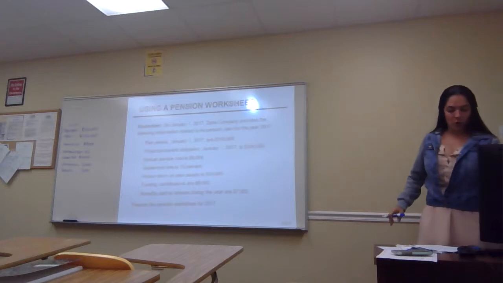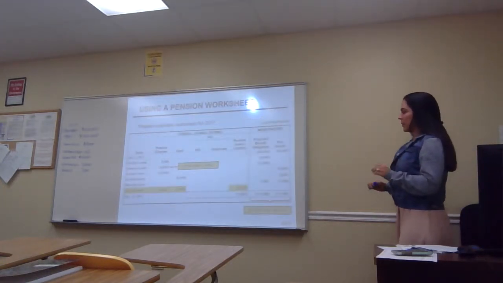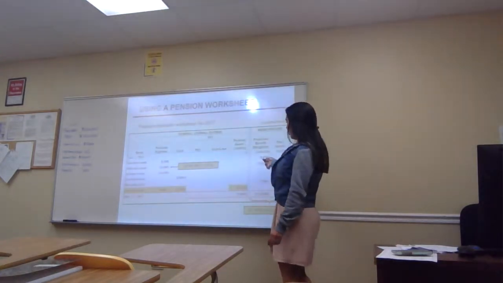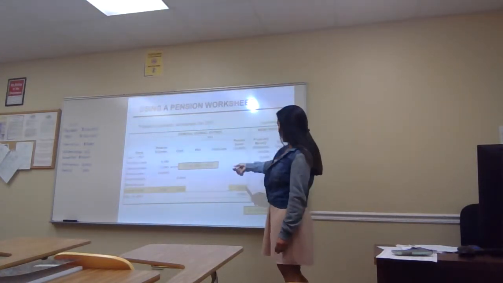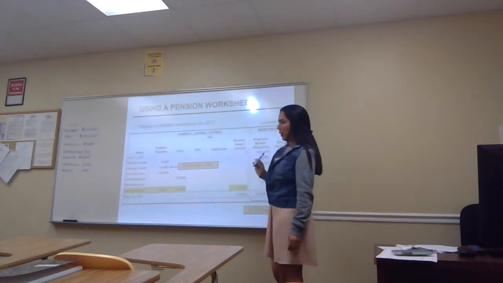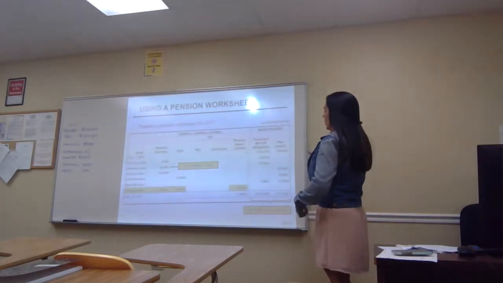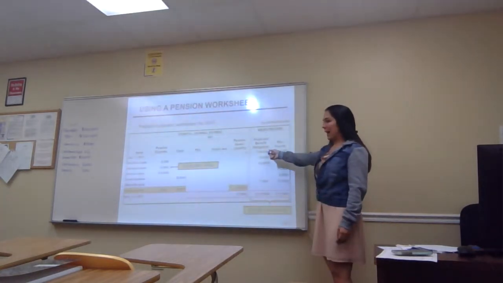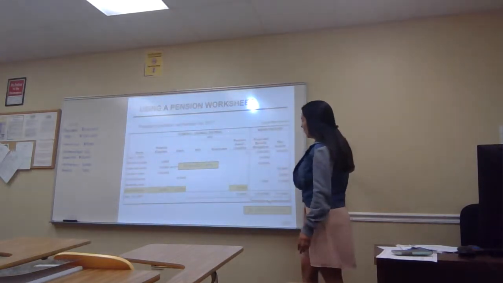And here's where you'll start learning where everything goes on the worksheet, because it will always be the same. Service costs are always going to be a debit to your pension expense and a credit to your projected benefit obligation. The way we start with the worksheet is we always start with our balances at the beginning of the year. Imagine this like a T account, and this is your beginning balance.